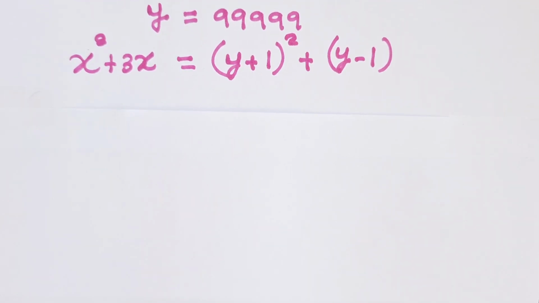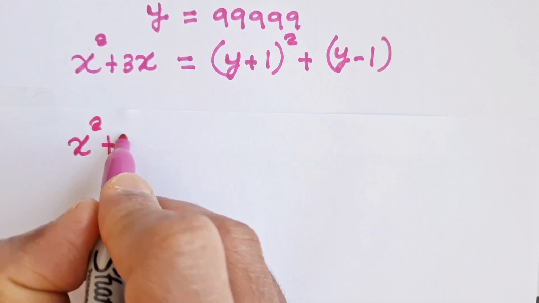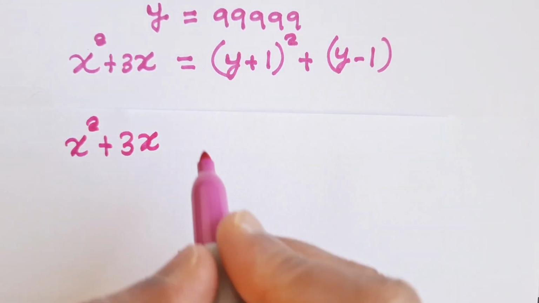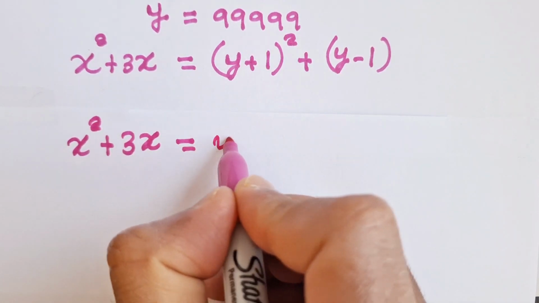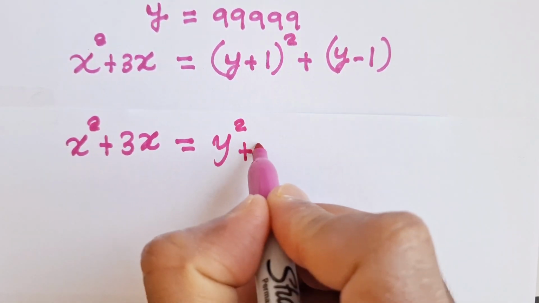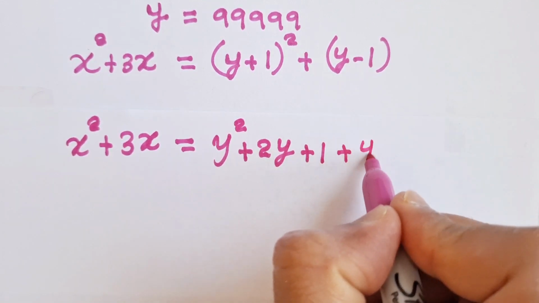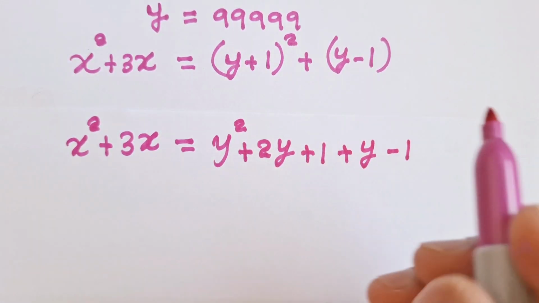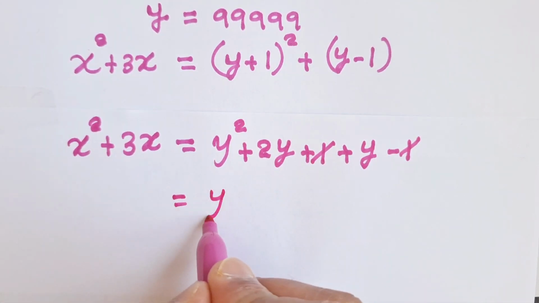I am going to expand (y plus 1) whole squared as follows. Then x squared plus 3 times x is equal to y squared plus 2 times y plus 1, plus y minus 1. Then plus 1 and minus 1 can be cancelled.